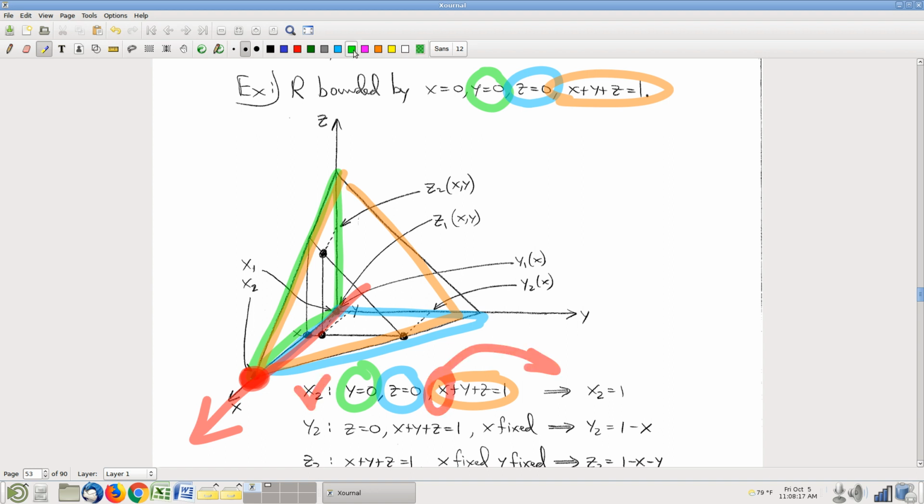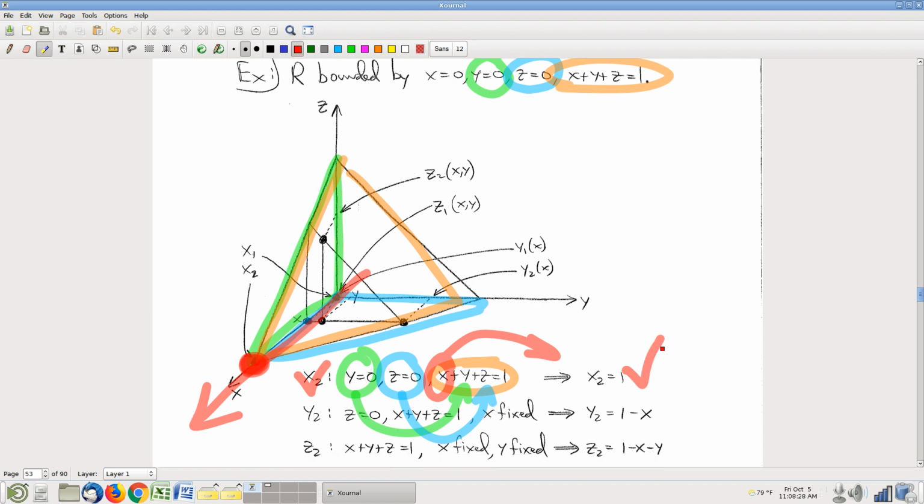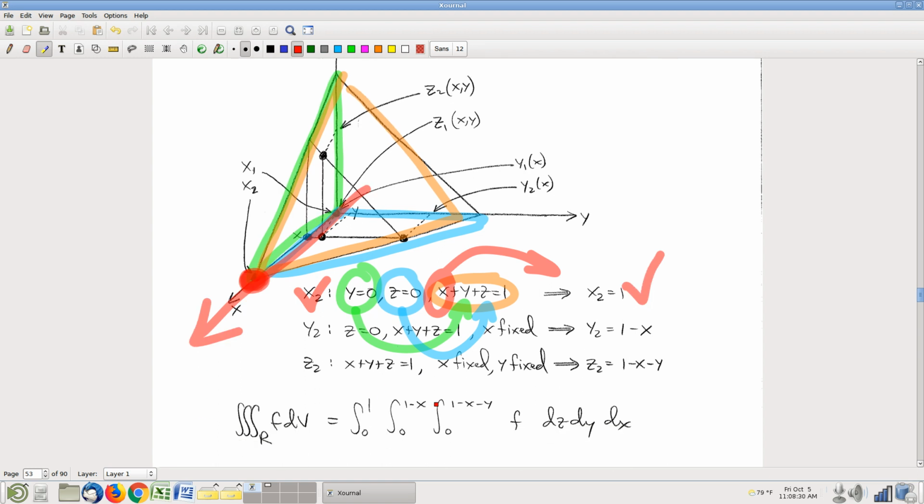Note this is easy because y is 0 and z is 0, so it's pretty easy to see that the x bound is 1. Everybody see what happened? Now, if you want to make the case that in this case, I can just kind of see it, okay, maybe in this really easy case. Maybe, but not in all cases. So stick to the process.